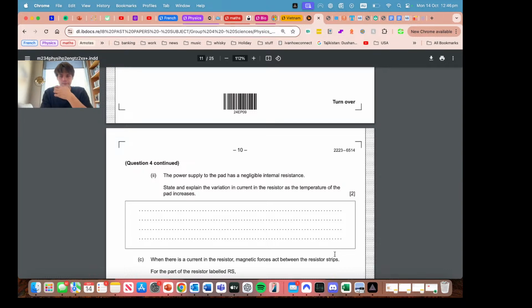Yeah. Learn about Lenz's law and shit. Wrong.